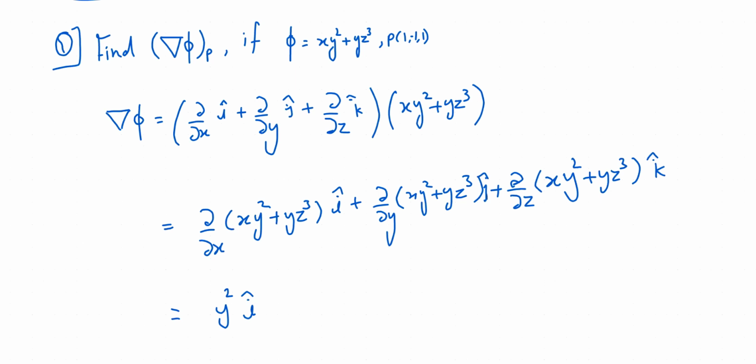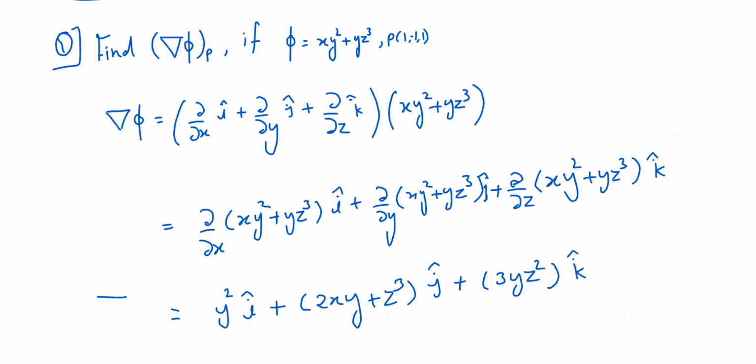Plus, here we will have 2xy, because x is constant and the differentiation of y square is 2y, and plus z cube because y will be 1, into j cap. And here we will have 0 plus z square into k cap. This is the gradient of phi.